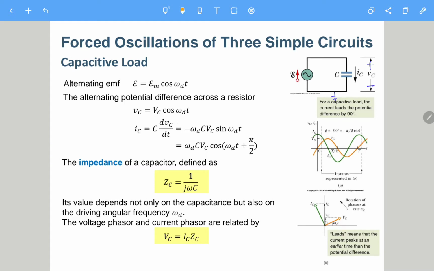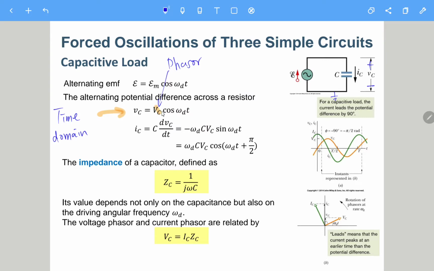Here VC is the phasor representation of the small vc. Small vc is the time domain signal, and this is called the phase. This is still nothing special.